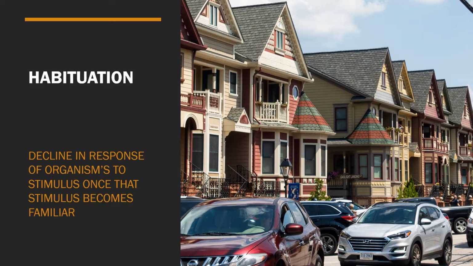So a common way it occurs is when a person's attention is captured by a loud or a sudden stimulus. For example, a person who moves to a house on a busy street may initially be distracted every time a loud vehicle drives by. After living in this house for some time, however, the person will no longer be distracted by the street noise.